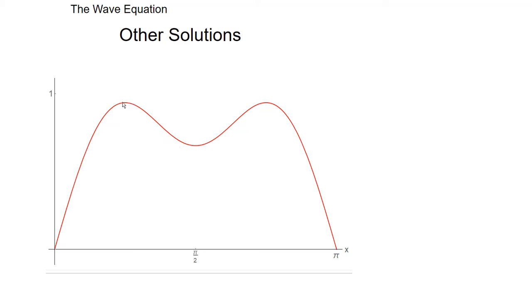We would expect the temperature to decrease here and here, but to increase here. So we'd have heat flowing here and heat flowing here. So let's evolve it and we'll see what happens.